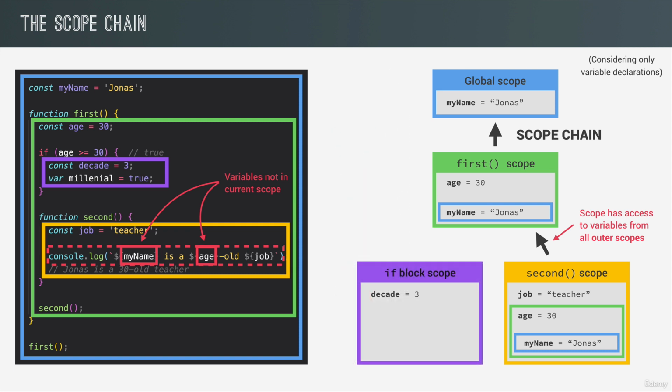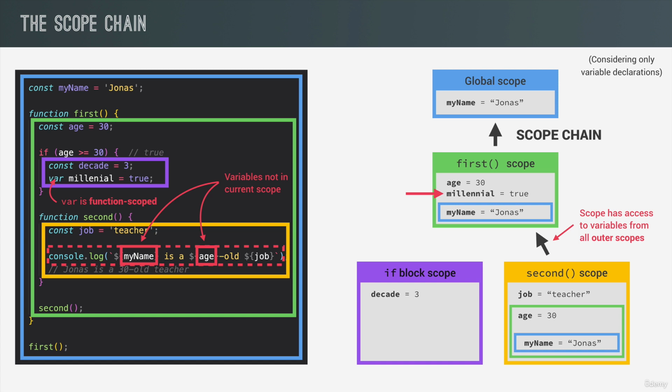The millennial variable isn't declared with const or let, and therefore it is not scoped to just this block. Instead, the millennial variable is actually part of the first function scope. So again, for a variable declared with var, block scopes don't apply at all. They are function scoped, not block scoped.